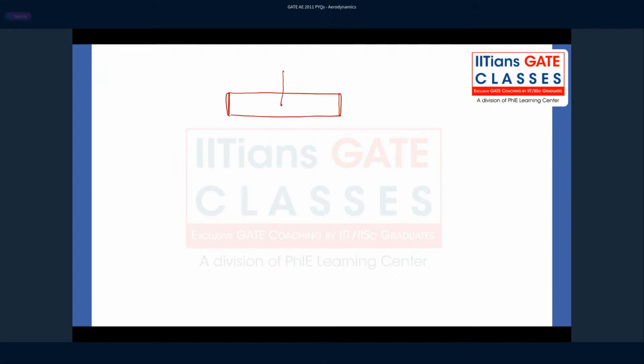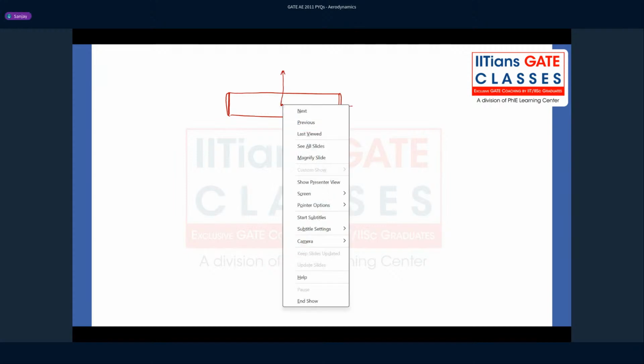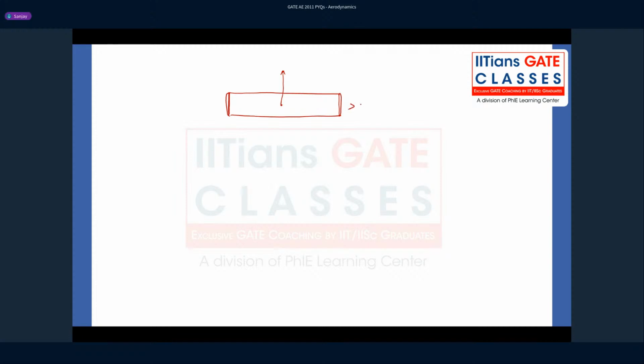This is the y-axis, and say the span of the wing is b. Now, according to Prandtl's lifting line theory, LLT, Prandtl models this wing.